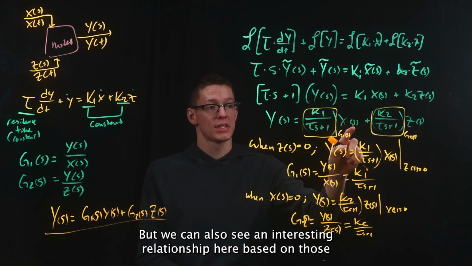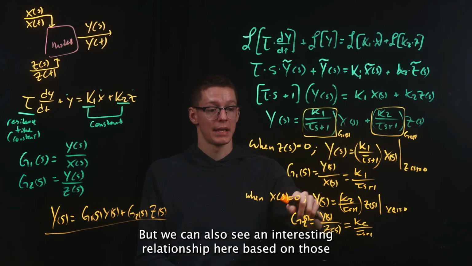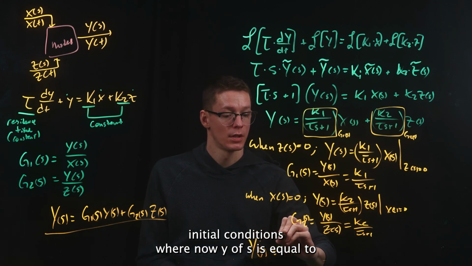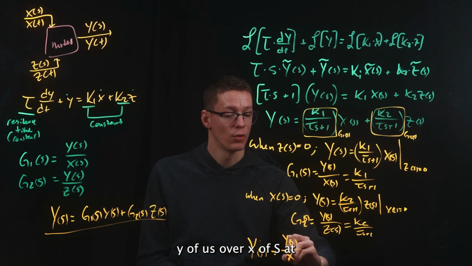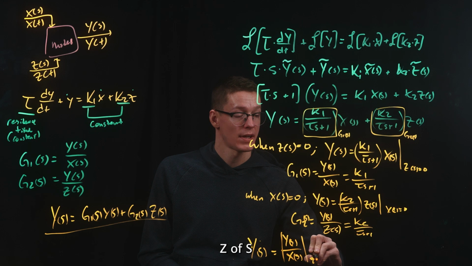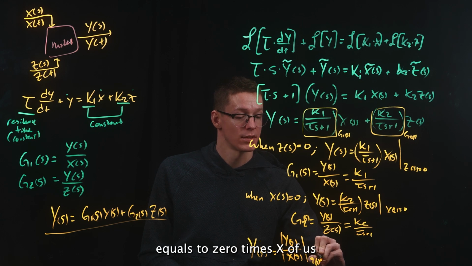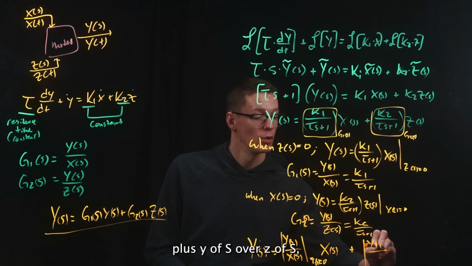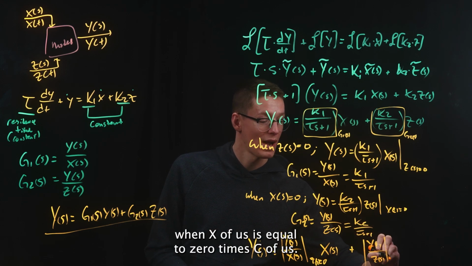But we can also see an interesting relationship here based on those initial conditions, where now y of s is equal to y of s over x of s at z of s equals 0 times x of s plus y of s over z of s when x of s is equal to 0 times z of s.